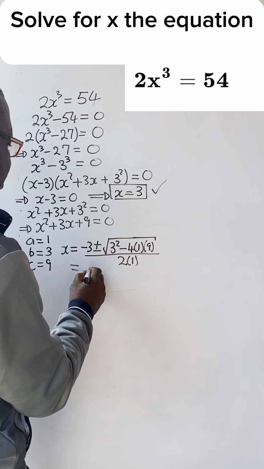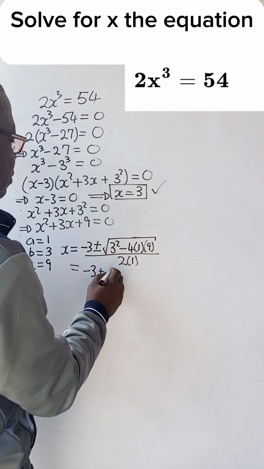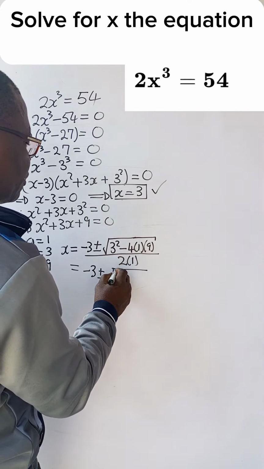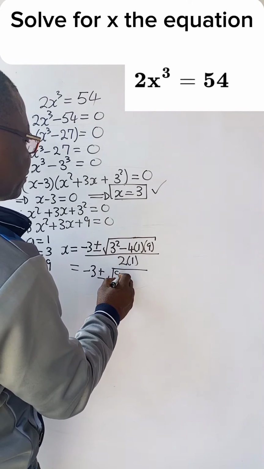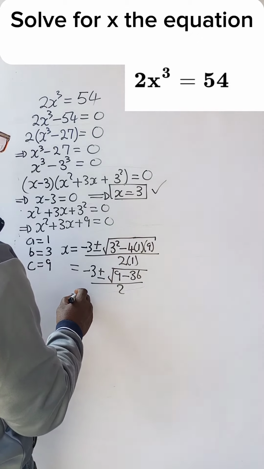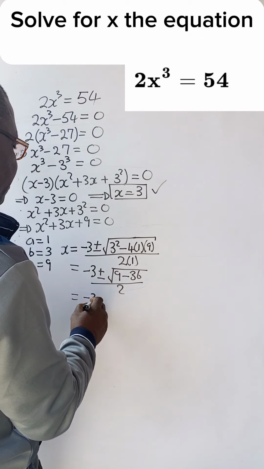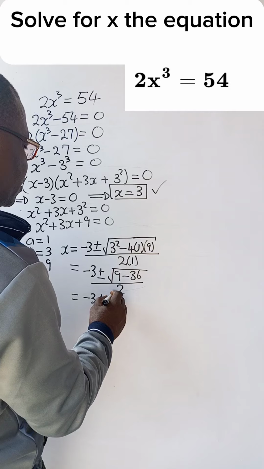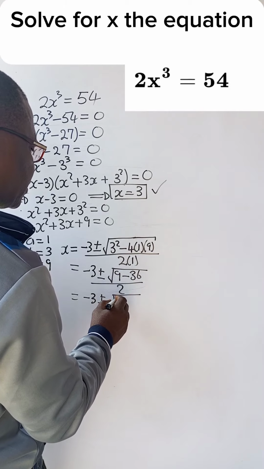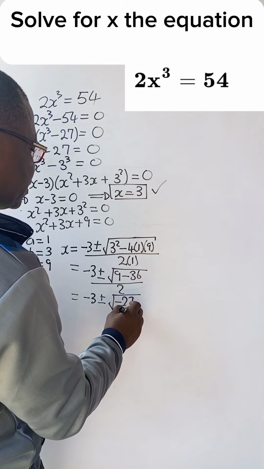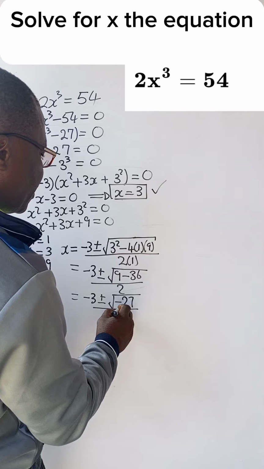This gives us negative 3 plus or minus the root of 9 minus 4 multiplied by 9, that is 36, all over 2. This gives us negative 3 plus or minus the root of 9 minus 36, which is negative 27, all over 2.